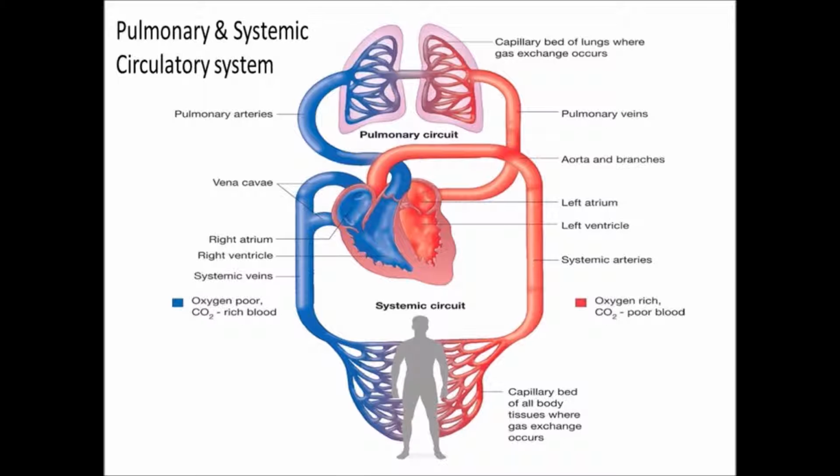The right side of the heart transports blood low in oxygen from the heart to the lungs, and blood that's rich in oxygen back from the lungs to the heart. So the right hand side of the heart, the right hand pump, we call the pulmonary circuit or pulmonary circulation. On the left hand side, the left pump, we call the systemic circulation or the systemic circuit.